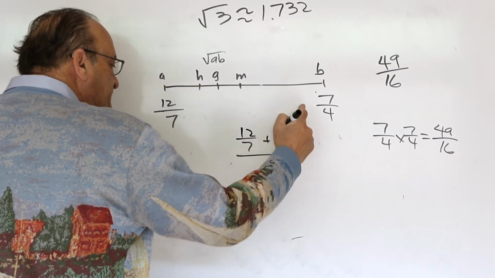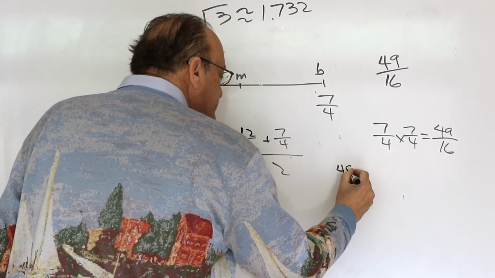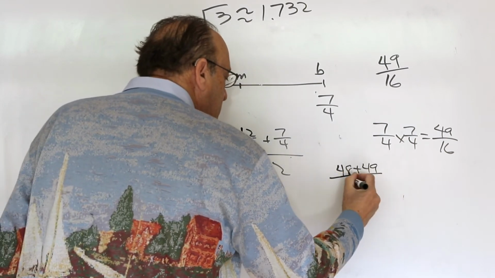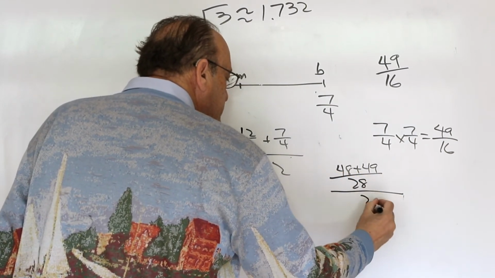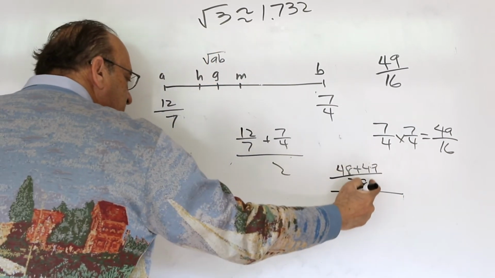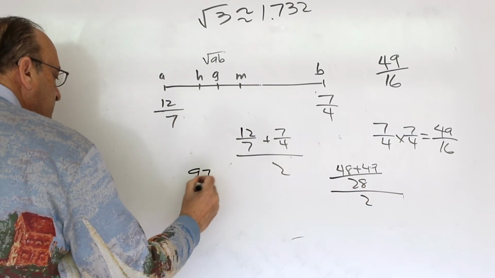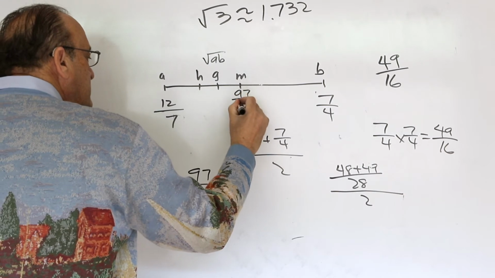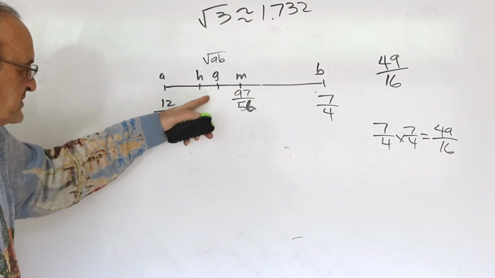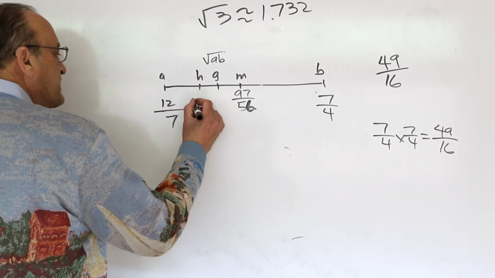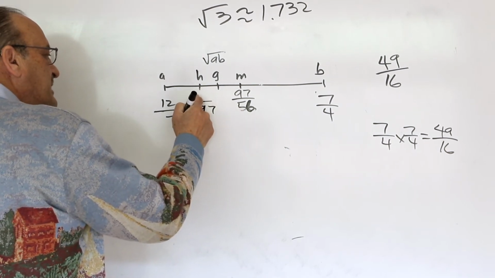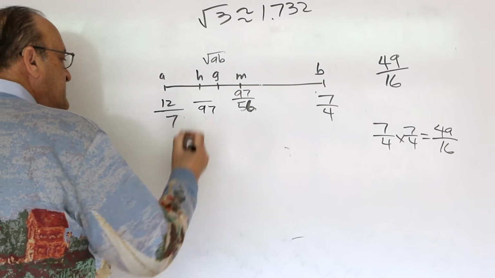Which is 48 plus 49 over 28 over 2, which turns out to be 97 over 56. So to find this number, we just put 97 here. And 56 goes into a certain number 3 times. It goes into 168 3 times.